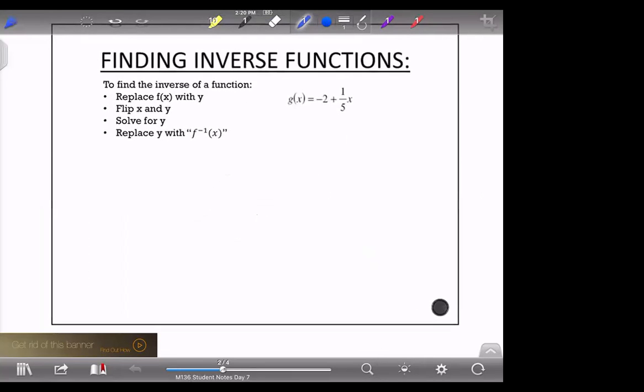All right, moving down to the next one. Now we have g of x equals -2 plus 1/5 x.